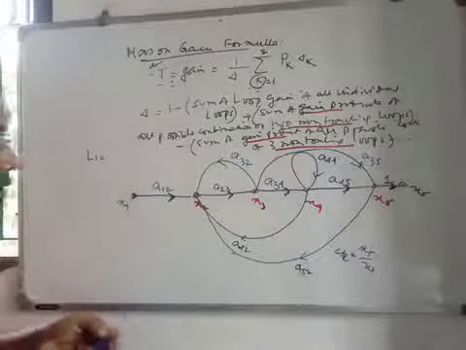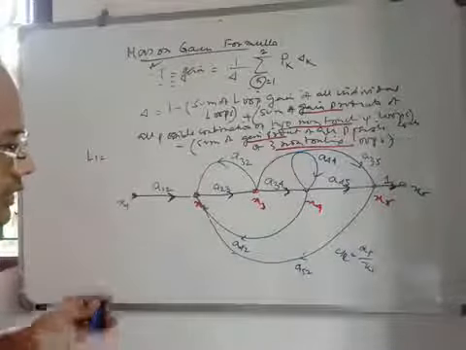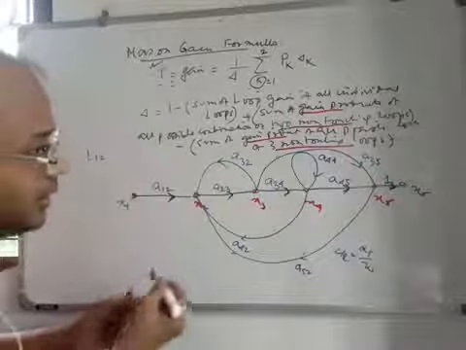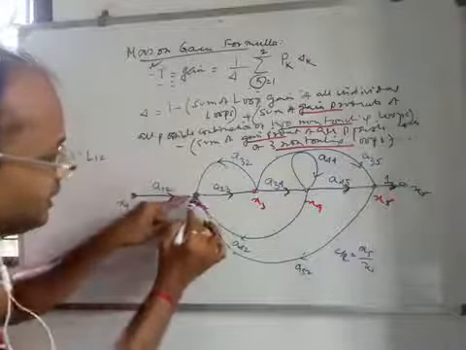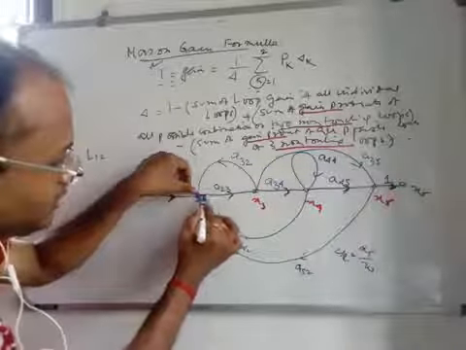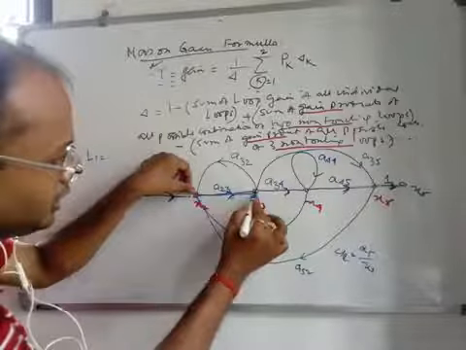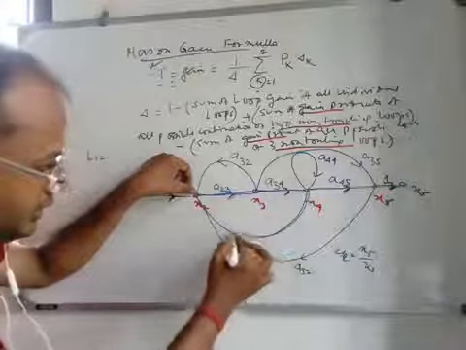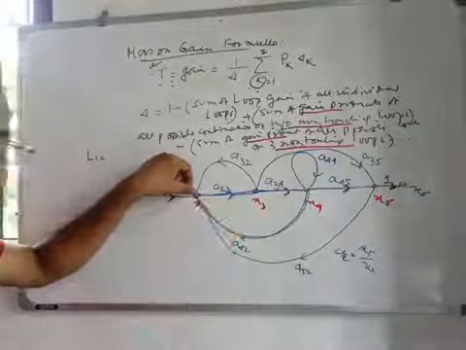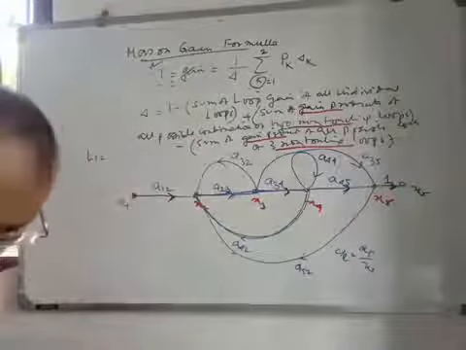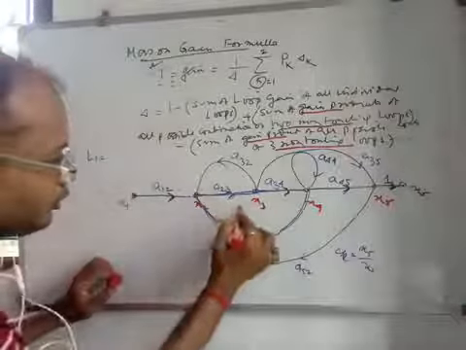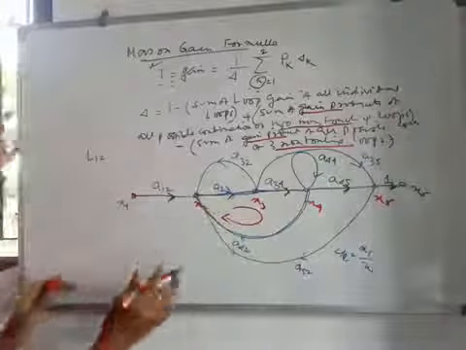So how many loops can you find here? You see from here, x2 to x3, we are moving in this direction without traversing any node twice, to x4, and from there coming back to x2. So this is one loop, loop 1.